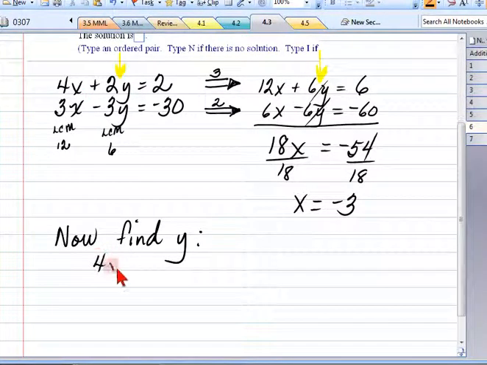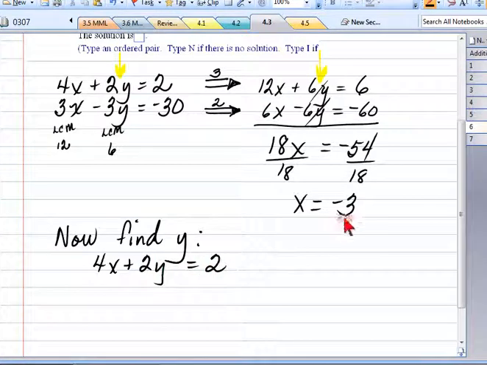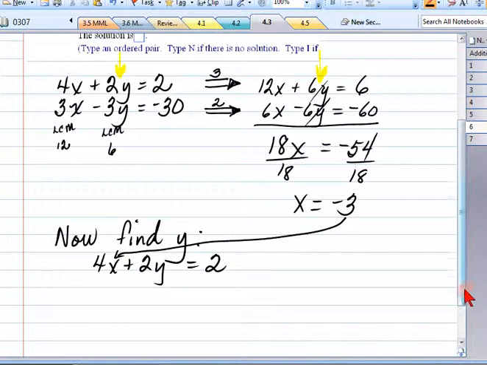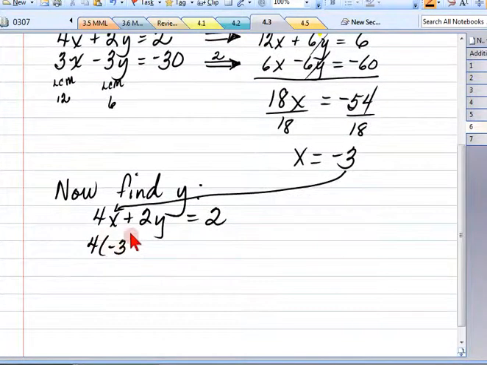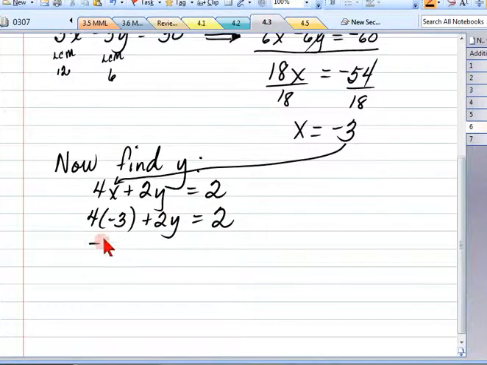We have 4x plus 2y is 2. I have a value for x to plug in. 4 times -3 plus 2y is equal to 2. -12 plus 2y is 2.